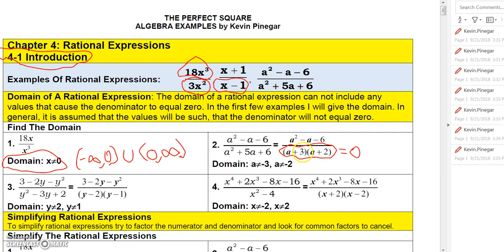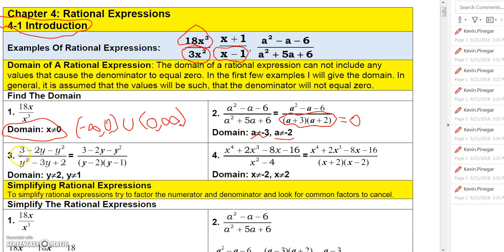So you set that denominator equal to 0, and so that means a plus 3 can't be 0, and if that's the case, then a can't equal negative 3, because if a was negative 3, then you would be dividing by 0 here, which is not allowed. And the other value that a cannot be is negative 2, because if a is negative 2, then you would also be dividing by 0.